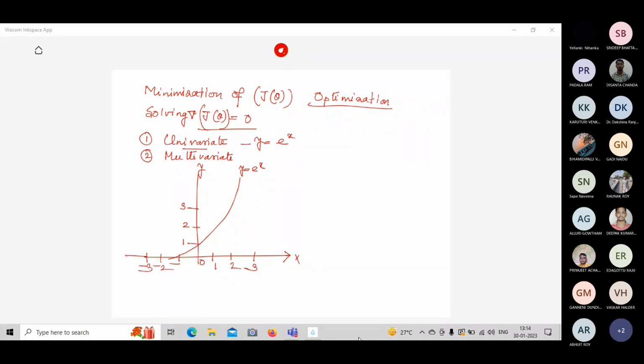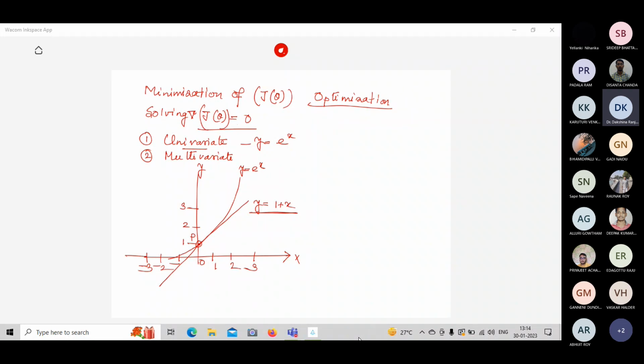Then we can approximate the function y equals e to the power x at point P as a straight line tangent. The equation may be y equals 1 plus x.